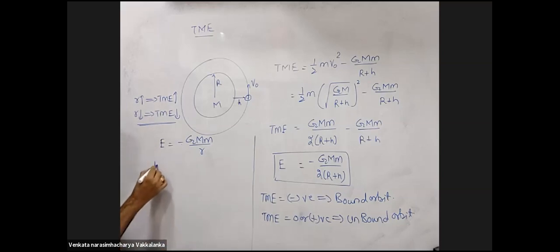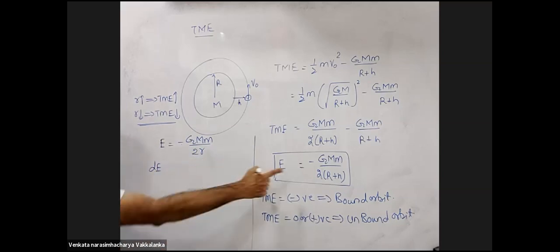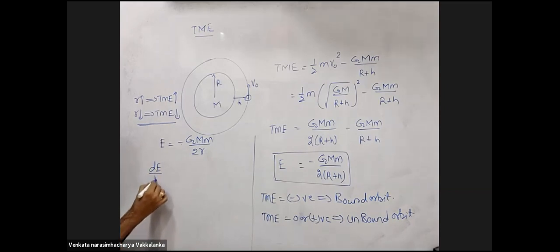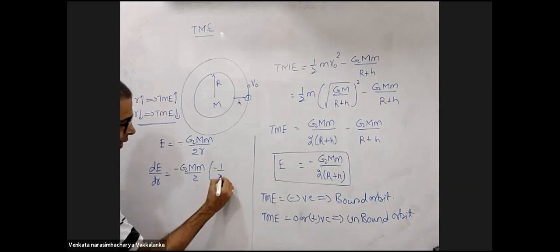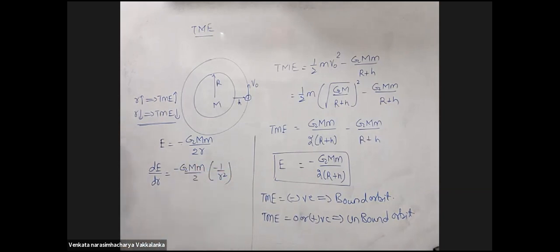Right? dE by dr. I have a 2 here, I forgot. dE by dr is minus G capital M small m by 2 times minus 1 by r squared. All that I did is differentiate with respect to r. Negative of negative is positive. dE by dr is G capital M small m by 2r squared.